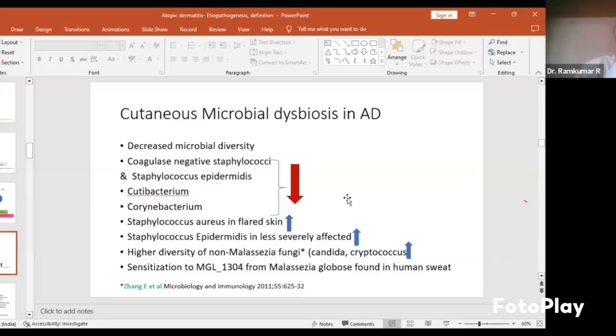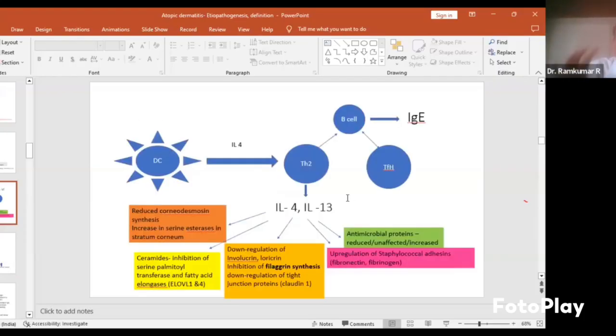Certainly, antimicrobial proteins are not always reduced in atopic dermatitis. Earlier, we thought Staphylococcus overgrowth is only because of antimicrobial protein deficiency, but it has been found by many papers that atopic patients do produce antimicrobial proteins; the deficiency has not been proved in all the papers.